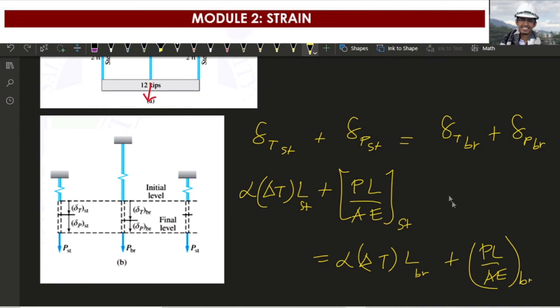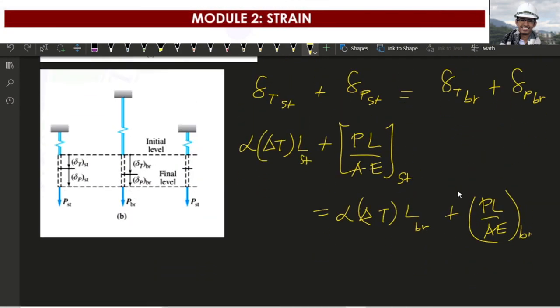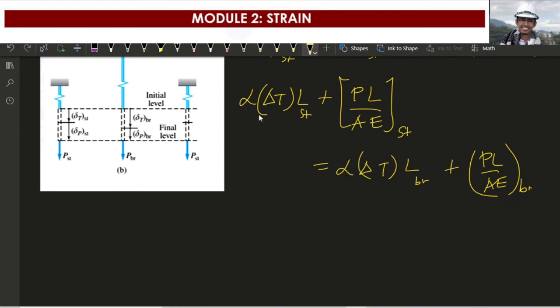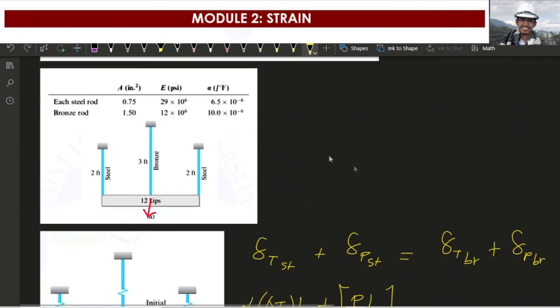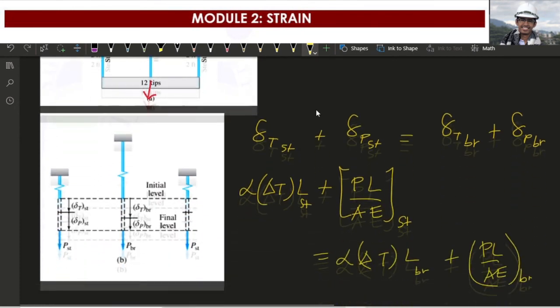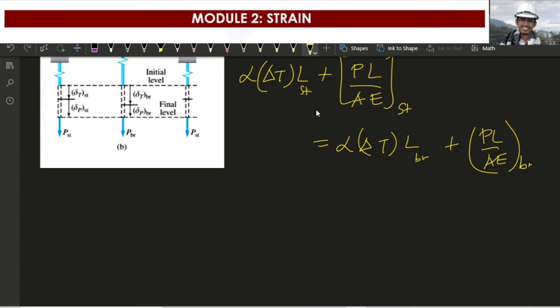So if we substitute all the given, so substitute natin yung given, so that will be 6.5 yung each steel rod, 6.5 times 10 raised to negative 6 yung kanyang alpha. So that will be 6.5 times 10 raised to negative 6 times yung delta T natin.